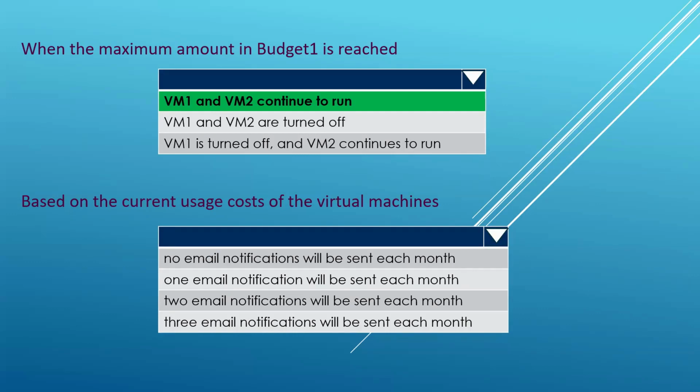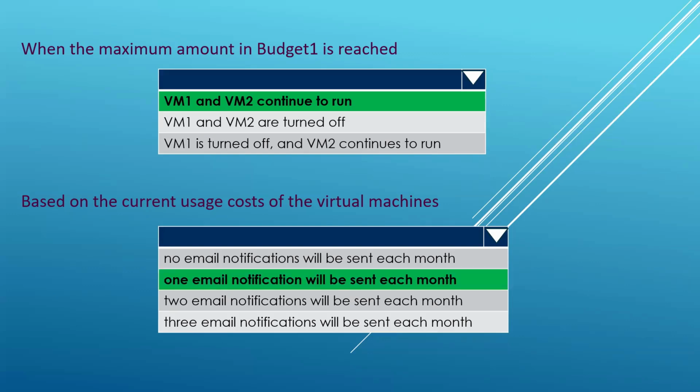The 70% and 100% alert conditions will not be reached within a month because after 30 days the counter will reset. So they won't trigger any email action in any case, because the action was an SMS or an app. So the correct answer here is that 1 email notification will be sent each month.